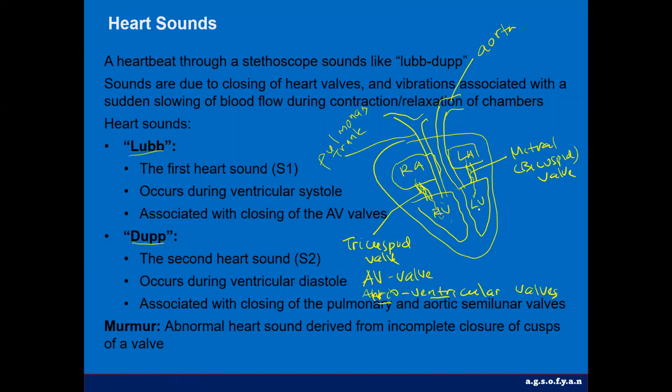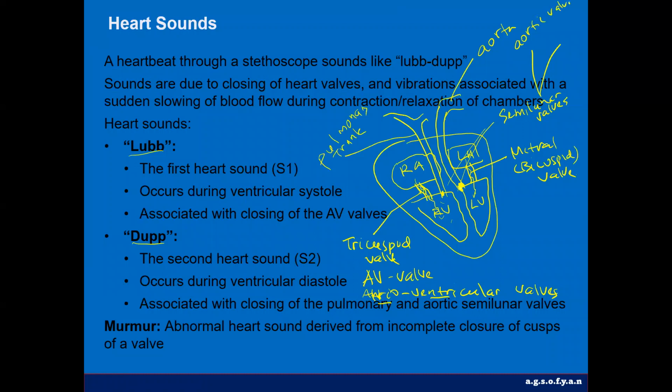Now, between the left ventricle and aorta, there is also a valve, which is kind of a door. And between the right ventricle and pulmonary trunk, there is also a valve. Both of these valves are called semilunar valves, because they look like a half moon. Semi means half, lunar means moon. So half-moon valve. The semilunar valve located between the left ventricle and aorta is called the aortic valve.